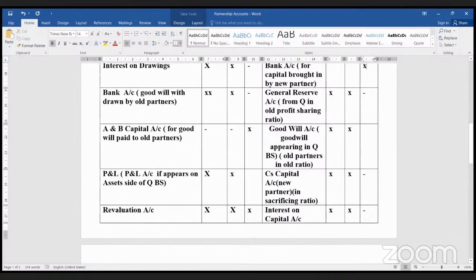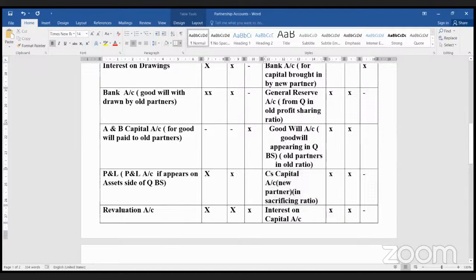And goodwill, this is the goodwill brought in by the new partner. On the credit side in old partners, in their sacrificing ratio, we show it. On the debit side in the new partner's capital account, we show the total goodwill given to the old partners. Then see, capital of new partners.